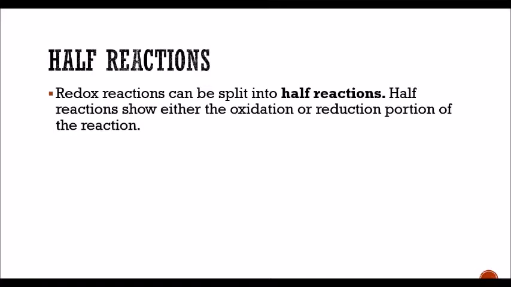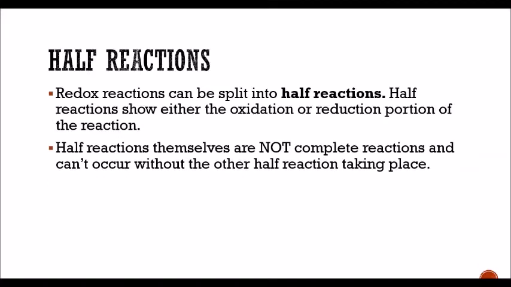Very often it's helpful to split redox reactions into what we call half reactions. Half reactions show either the oxidation or the reduction portion of the reaction. It's really important to realize half reactions themselves are not complete reactions. It's only half of what's happening, so you don't have a complete reaction unless both half reactions are taking place at the same time.